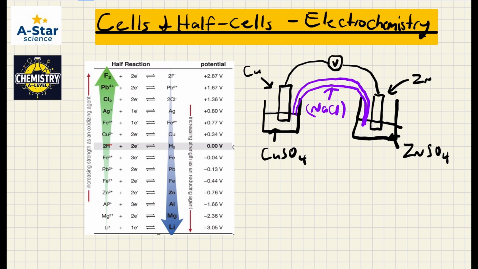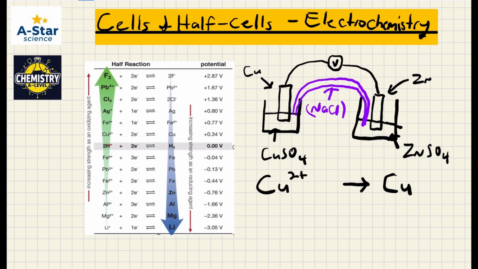Well, first we need to think about where the electrons come from. So to do that, we can write a half equation. If we know that we have, for example, copper 2+ in the electrolyte, then we also have copper on the other side.